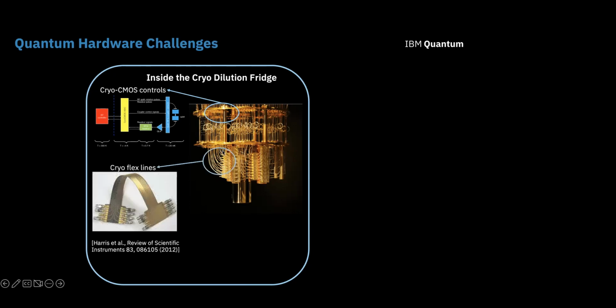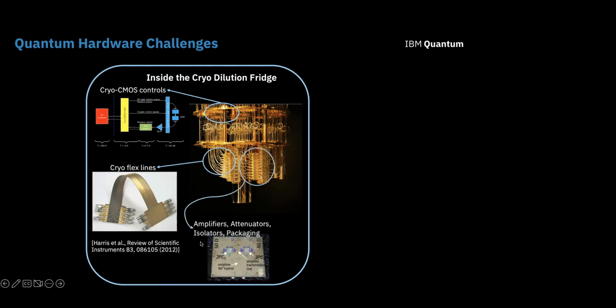We have a lot of coax cables in here. That's kind of annoying. So what we could do is make flex cables that have low crosstalk, but can support very good signals between these stages, and have the correct cryogenic properties for whatever stage they're connecting to. There are also bulky ferrite materials, like our isolators and circulators, the things that route signals and protect signals from going different ways.